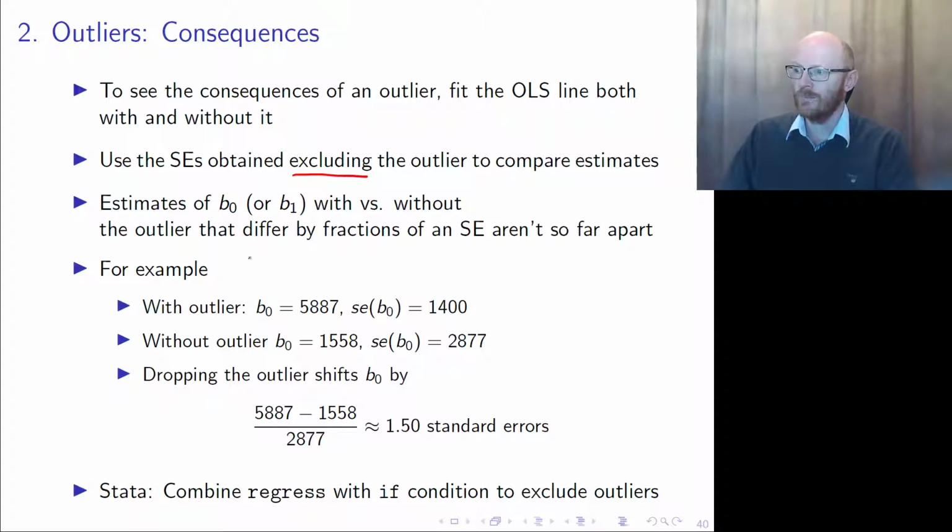Because if these estimates of the intercept and the slope do not differ much, then there is no problem including the outlier.